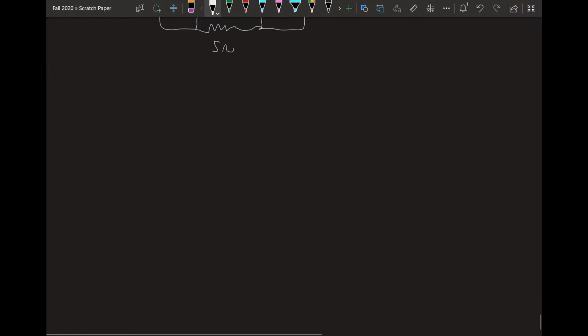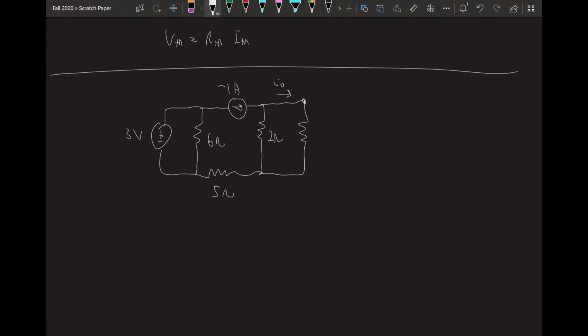So if I call this terminal A, and this terminal B, and just remove that resistance for now, I can find the Thevenin equivalent. I want to find V Thevenin and R Thevenin, and then I can put the resistor back in and find the current. That's the goal.